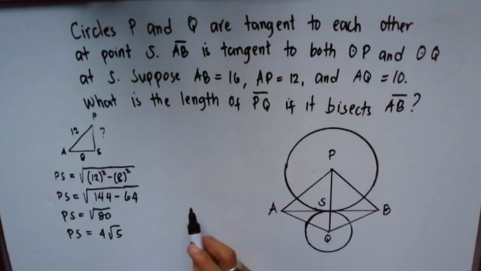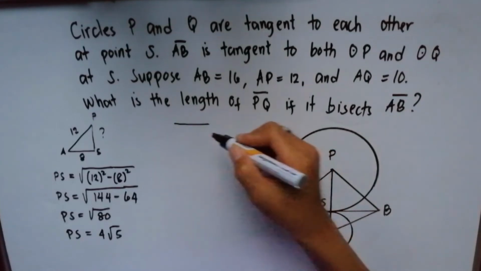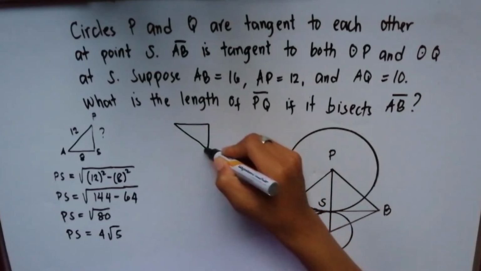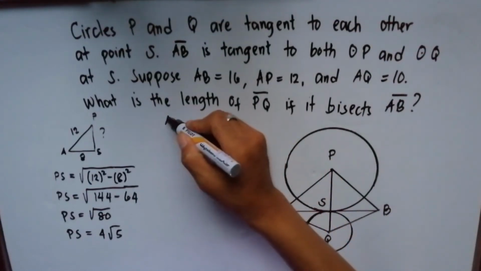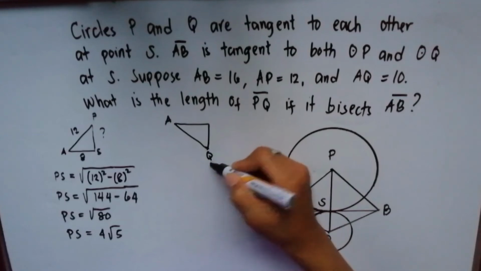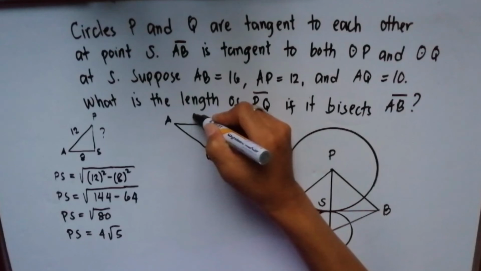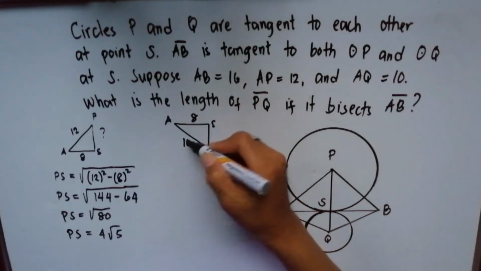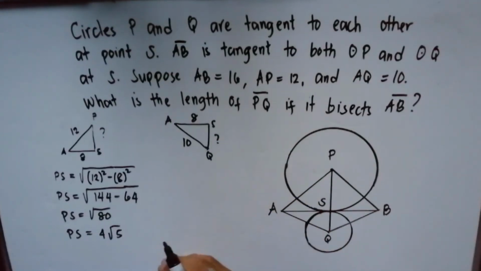Next is for this triangle. So this figure, we have this one. This is A, Q, and this is S. Okay, this is 8, then 10. So what is the measure of this QS?